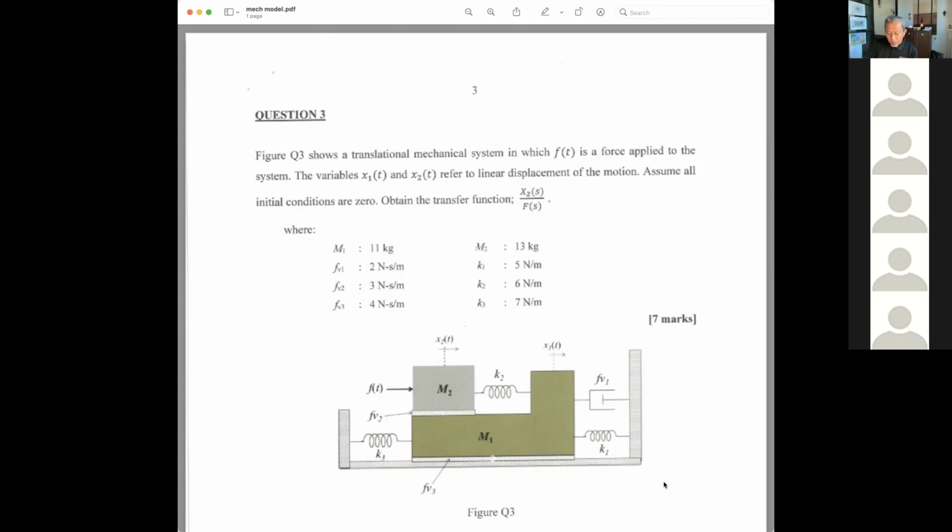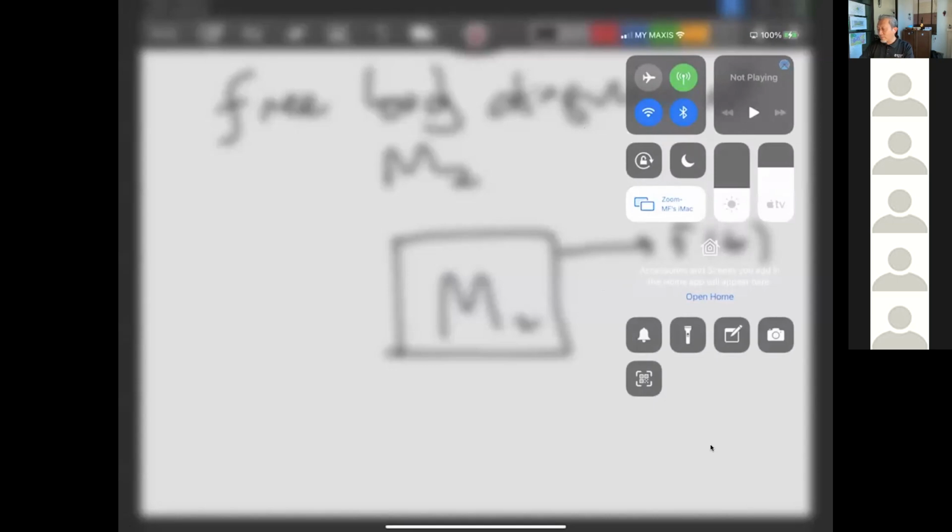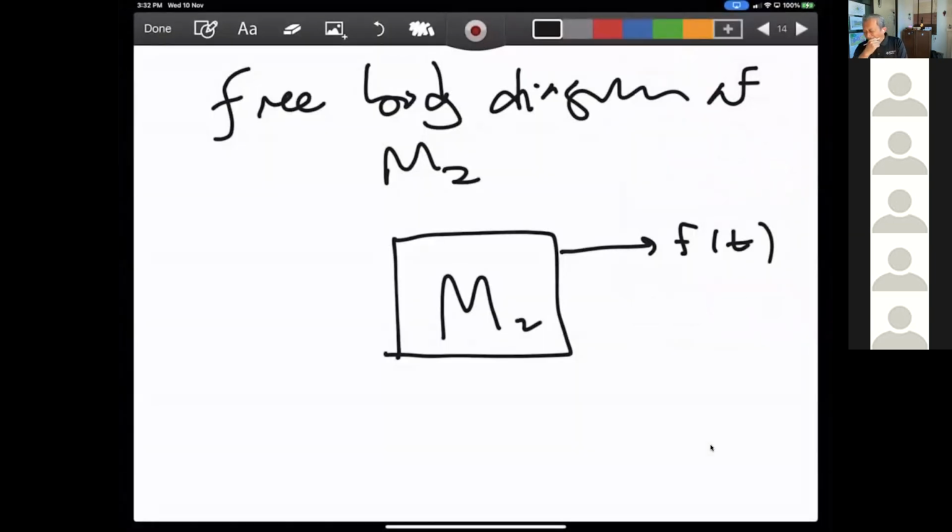What is the force involved on M2? F(t), the input force. The force F(t) on your right. Yes.